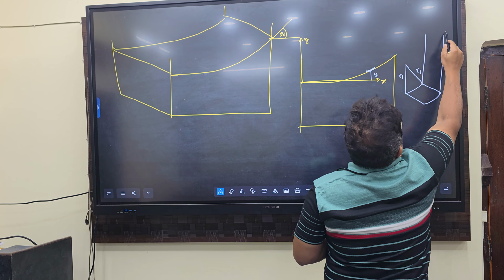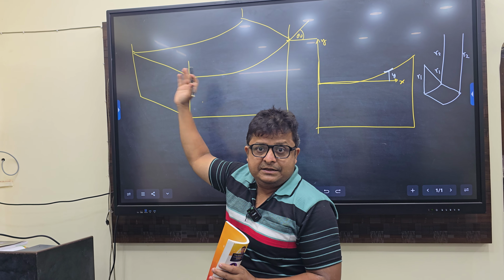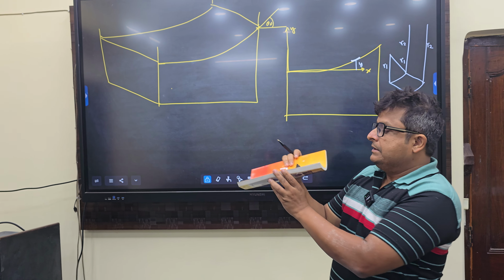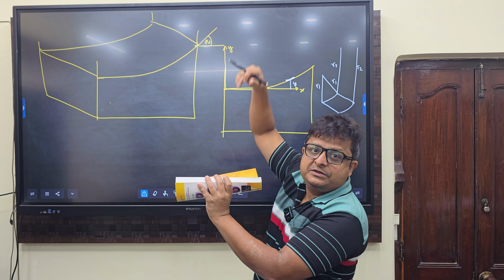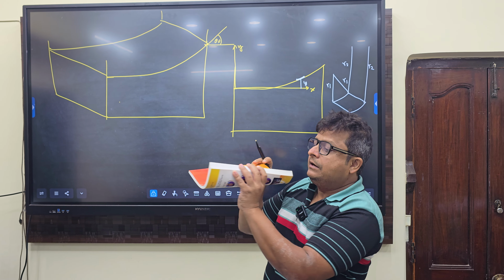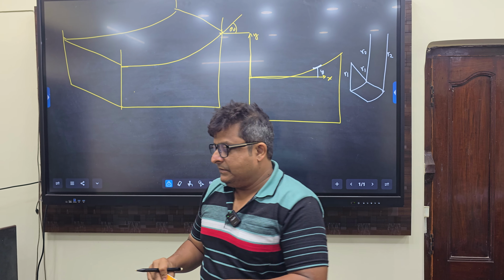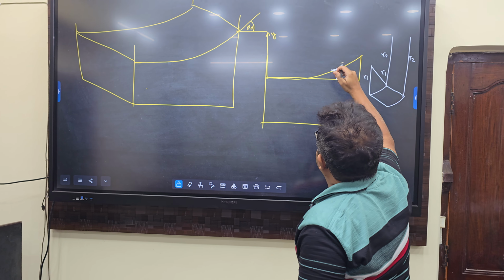That means this R2 here is infinitely large, as mentioned in the problem. This part is flat, so the radius of curvature R2 is very, very large, and this part is R1. And now we have the excess pressure.